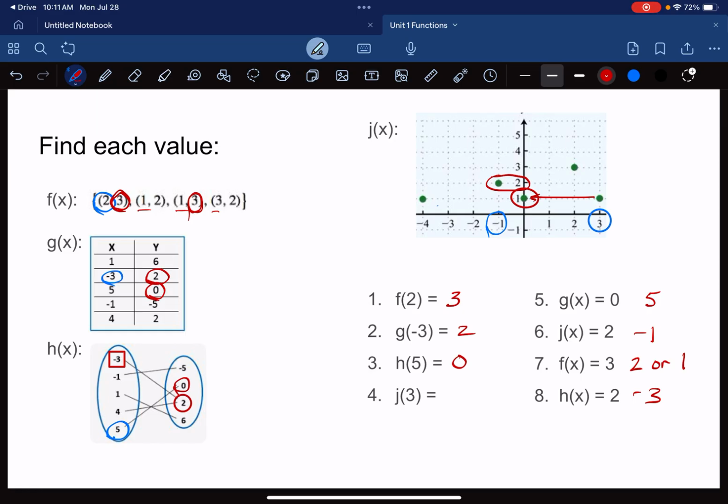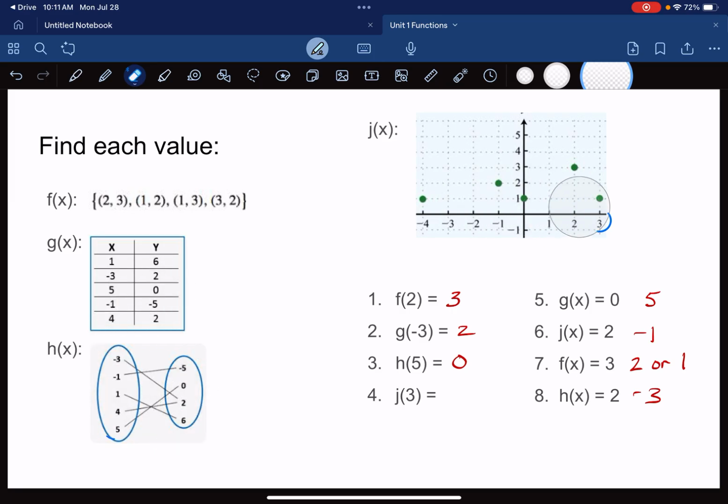Okay? So are all of these functions? Let's look at them and see if any of these are not functions real fast. Well, there's a repeating x value here. I got a 1 and a 1. So this is a big no. Not a function.